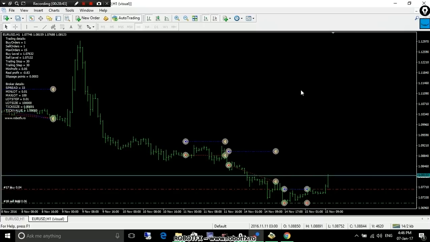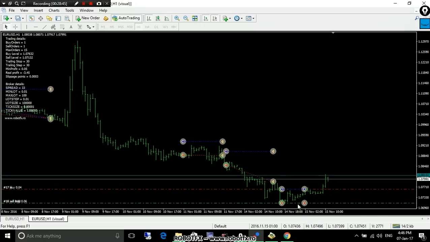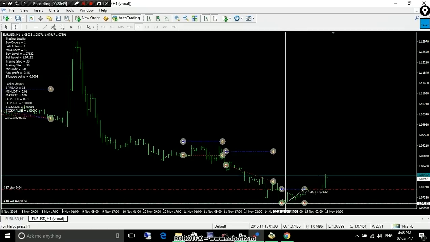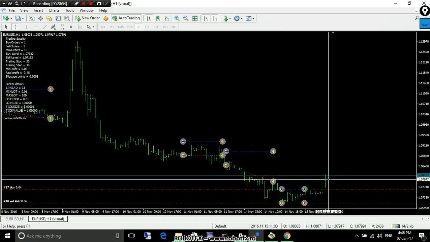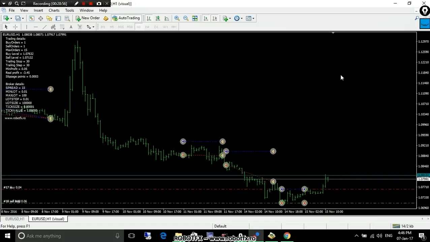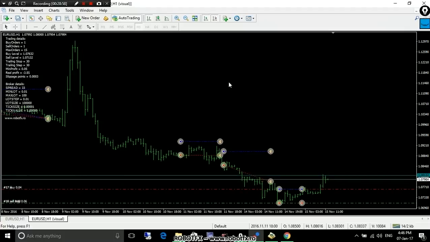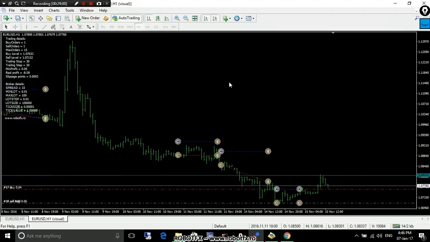We have a basket open again. So it was a sell open 0.02. The expert advisor placed the hedging trade 0.04, a buy, and unfortunately the price rose above it and hit it, and now we have two trades open, a buy and a sell.